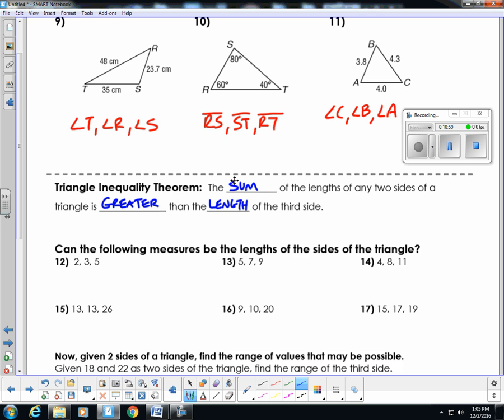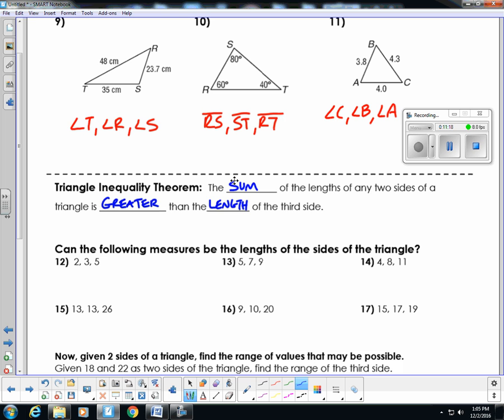That's the only way that you can have a triangle, if for all three of the sides, if you add up every two and it's bigger than the third, and you've got to check all three combinations.